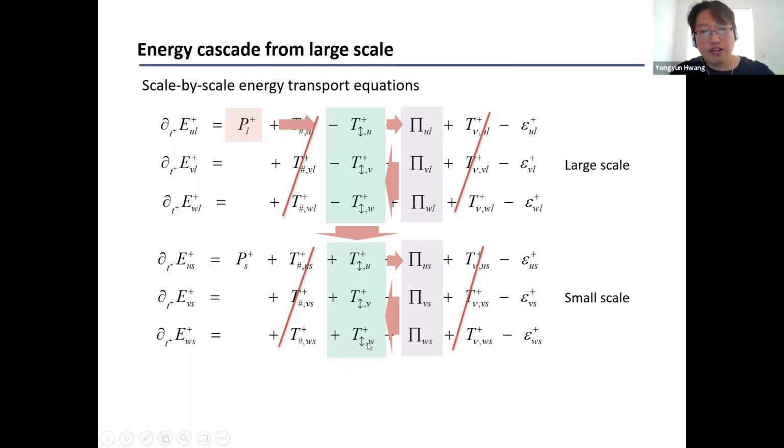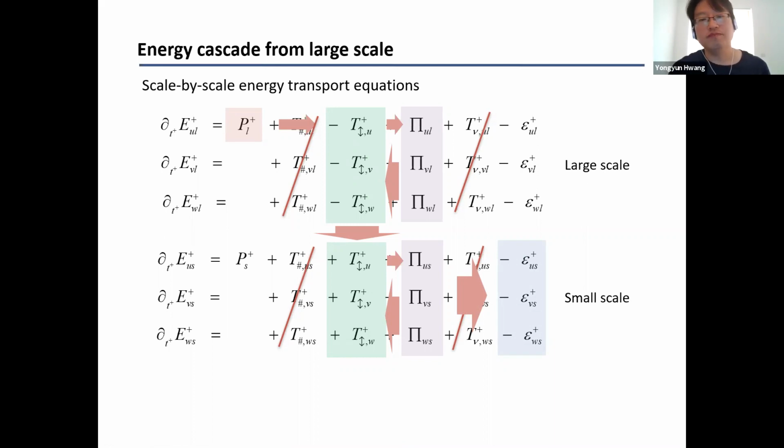And then the small scale again does the same business. The production eventually goes to small scale dissipation, and that describes a kind of energy cascade between this two scale system.